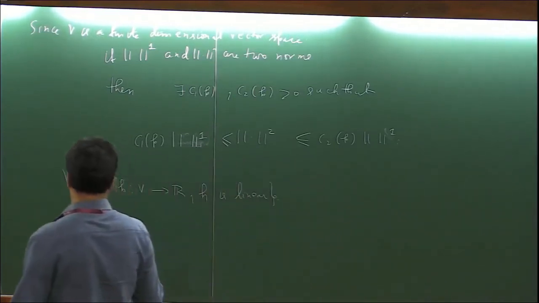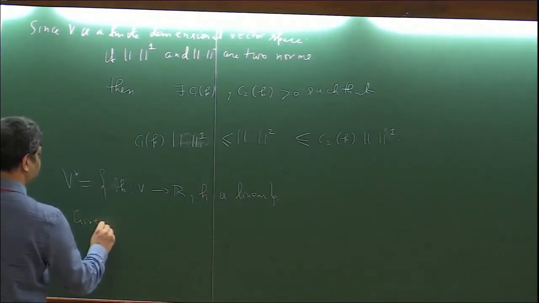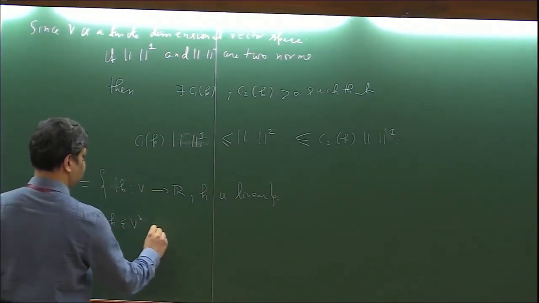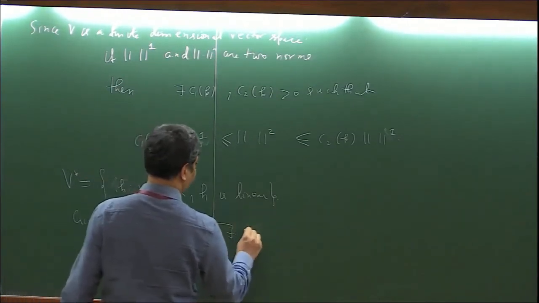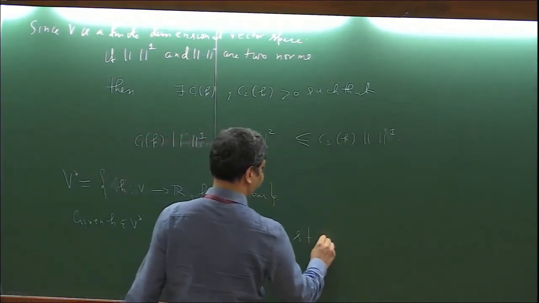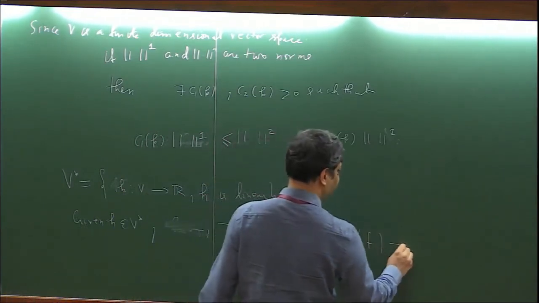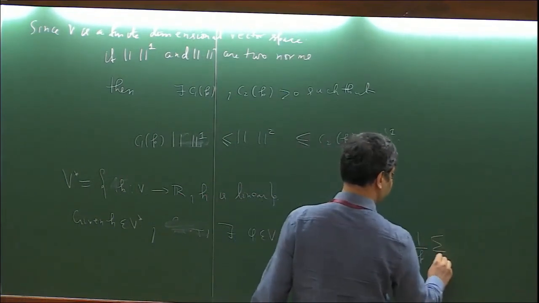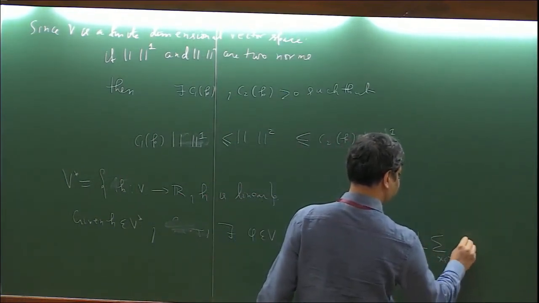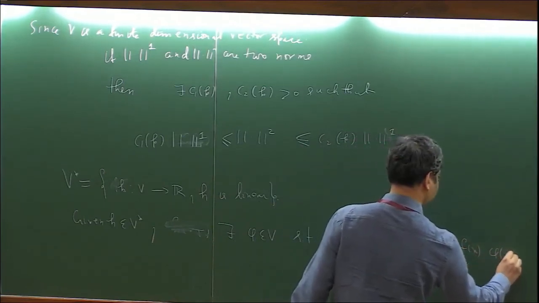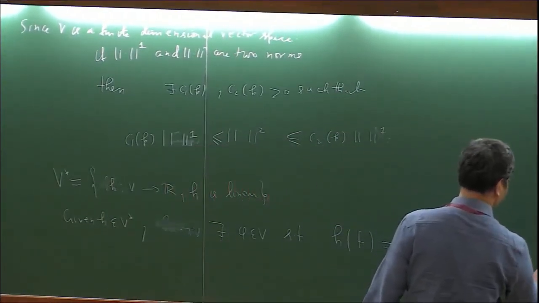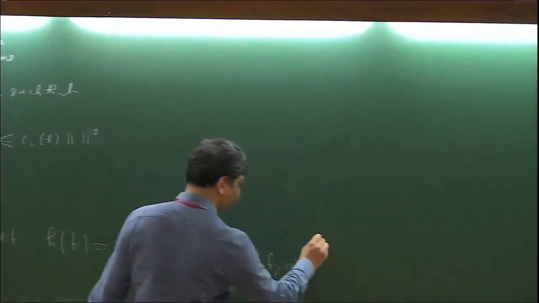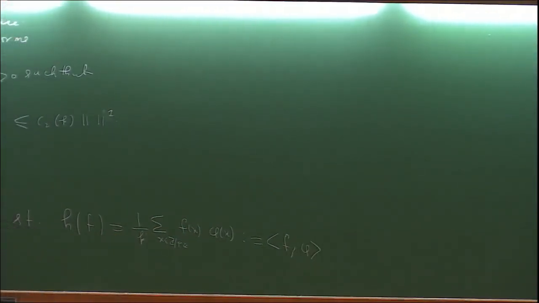Given H belonging to V star, there exists phi belonging to V such that H of F is equal to the sum of F of x times phi of x, which I will denote by inner product of F and phi.